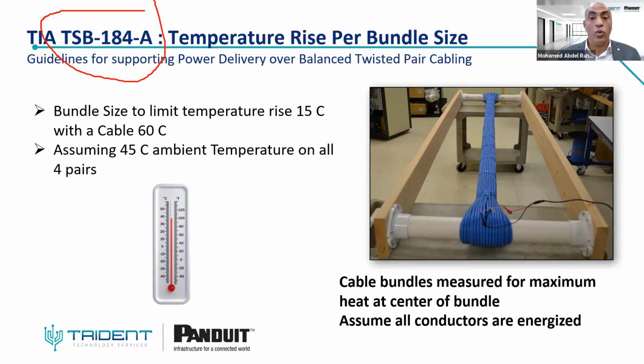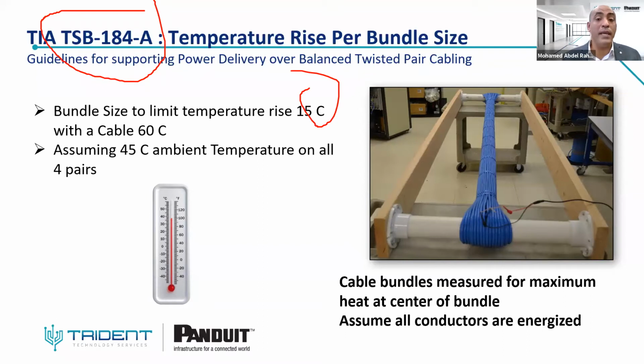But with 60 degrees, which is the standard cable temperature rating, and an ambient temperature in the ceiling of around 45 degrees, plus the 15 degree rise through the POE++, you are not exceeding the temperature rating for the cable. So the right answer is 15 degrees.